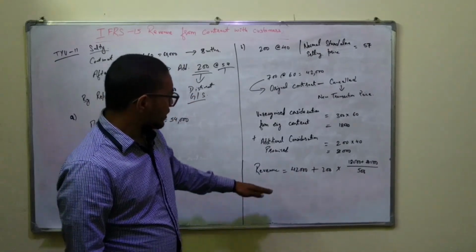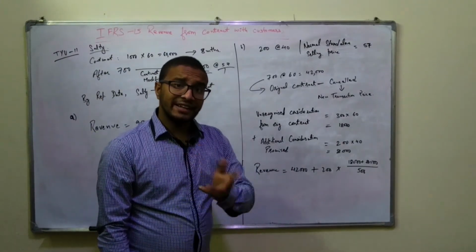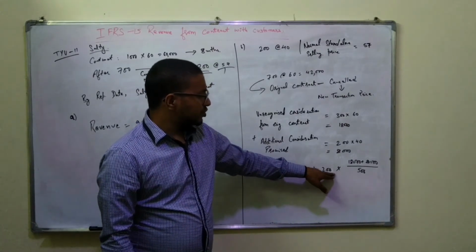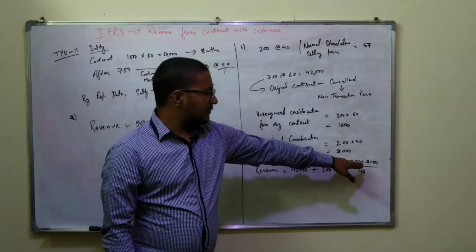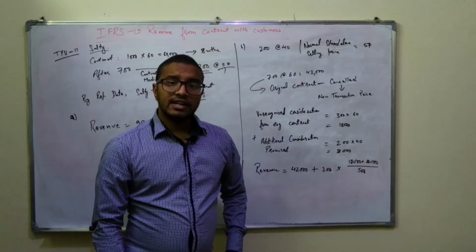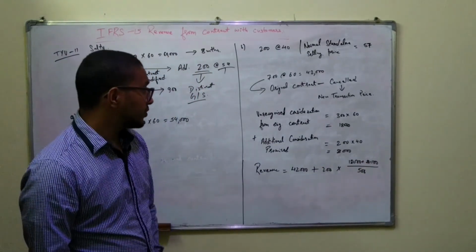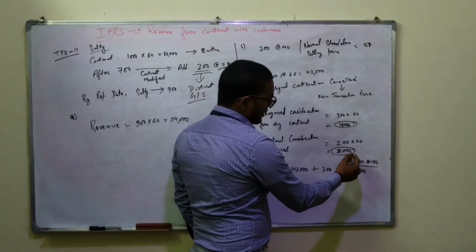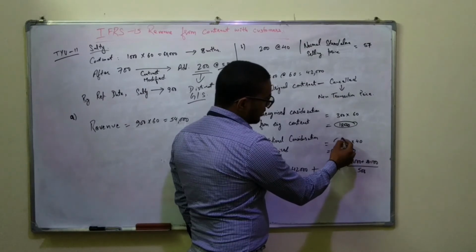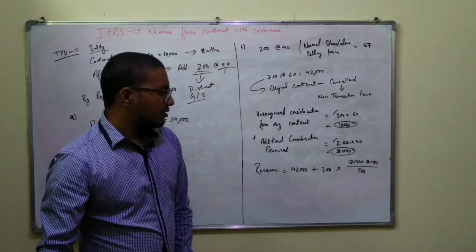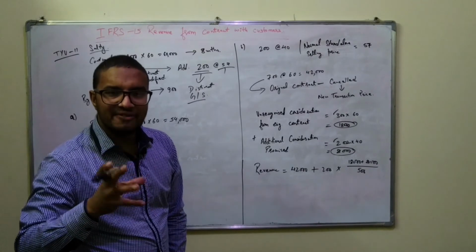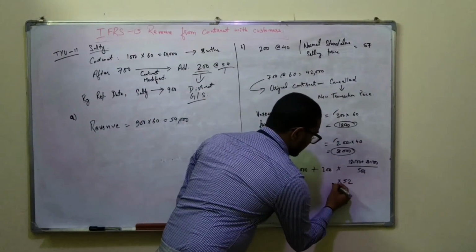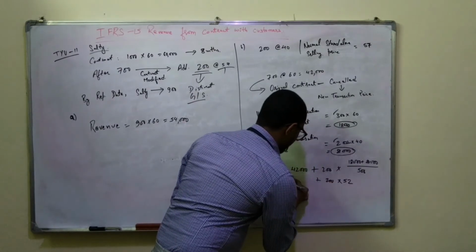And then our revenue that would be recognized at the end of the period is 42,000 plus 200 into 18,000 plus 8,000 divided by 500. So what I did was I added these two things up, and then I added the quantity, this quantity and this quantity down below. So I'm just taking the average figure. So this would give us 52 average into 200 plus 42.